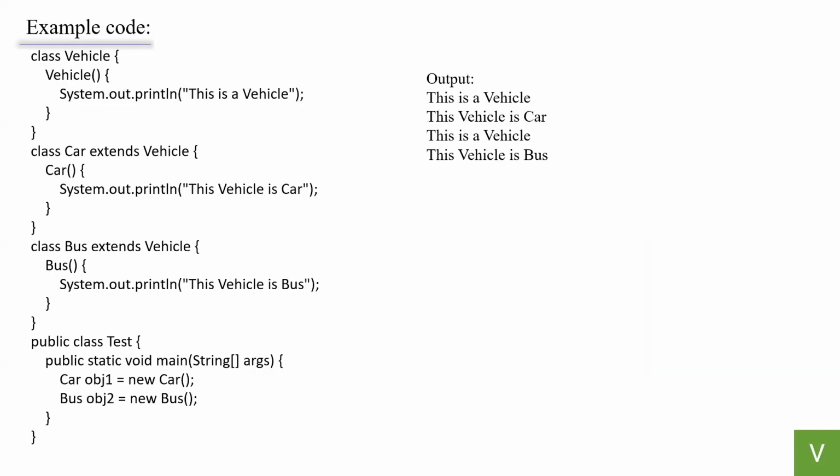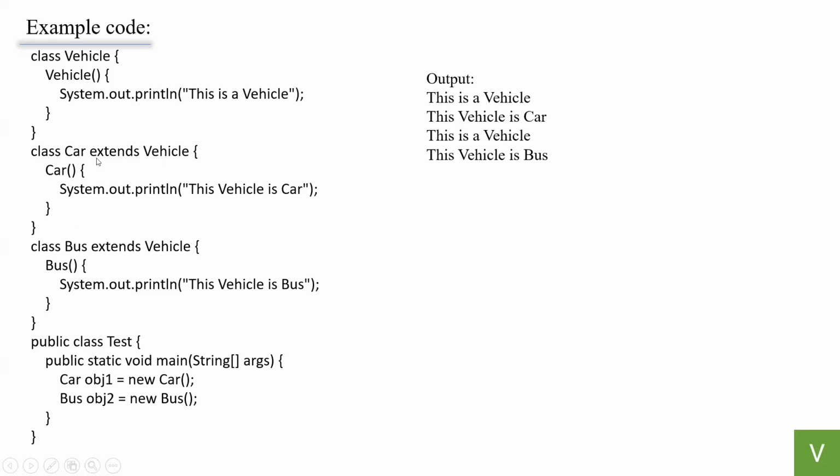Now let us see the code working of hierarchical inheritance. It consists of three different classes, where class vehicle is the single parent class. It has a method called vehicle, whereas class car and class bus are the child classes.